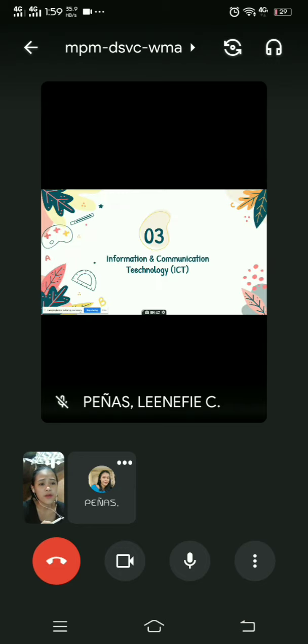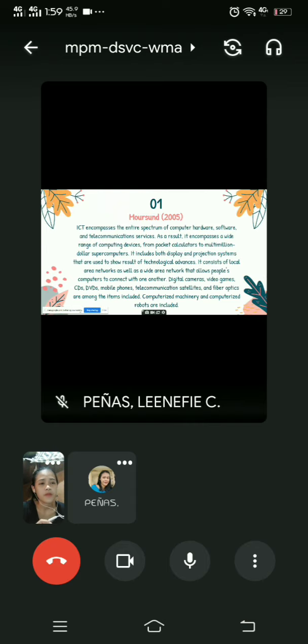Now let's move to information and communication technology, or ICT. There are also several authors who share their ideas on what ICT is. Mersant, in 2005, says that ICT encompasses the entire spectrum of computer hardware, software, and telecommunication services.